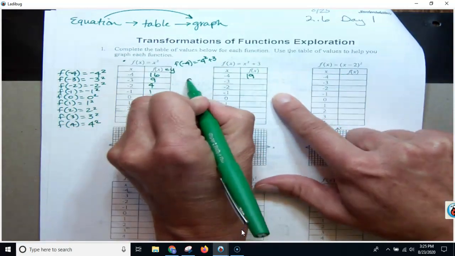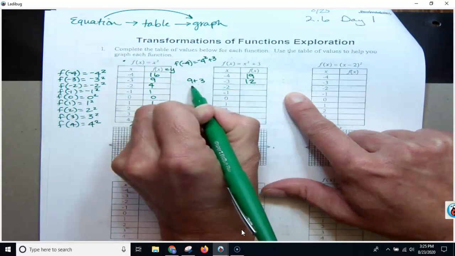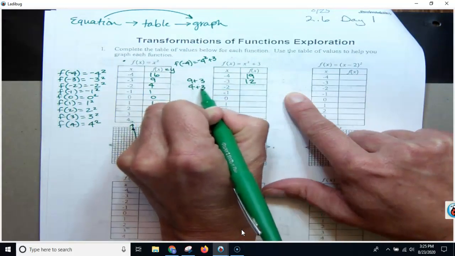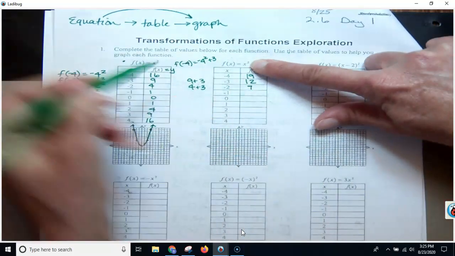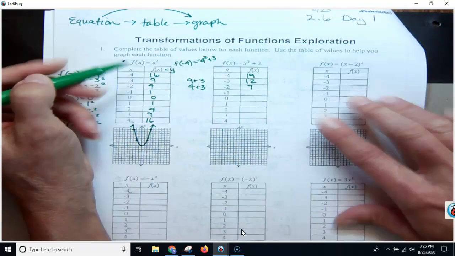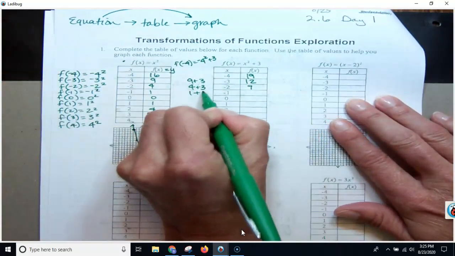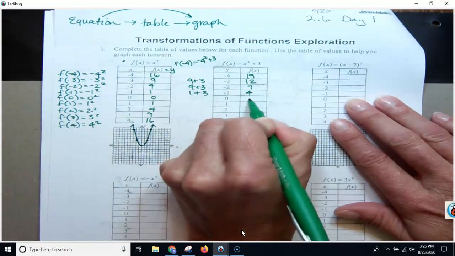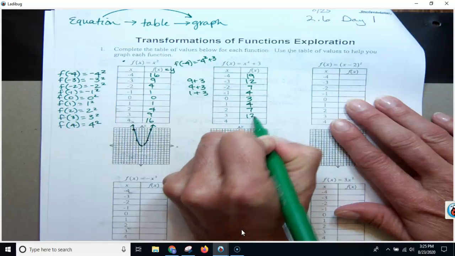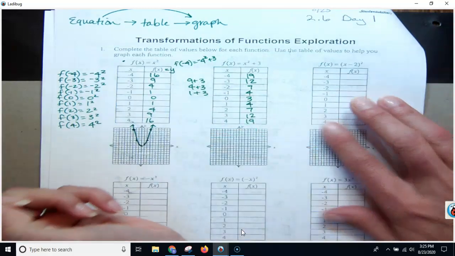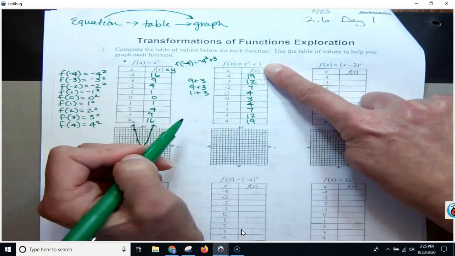So this would be 9 plus 3, which is 12. This would be 4 plus 3, which is 7. Hopefully you guys are seeing where I'm getting this, because these are the same, and then I'm adding 3. 1 plus 3 is 4, then 4, 7, 12, 19.